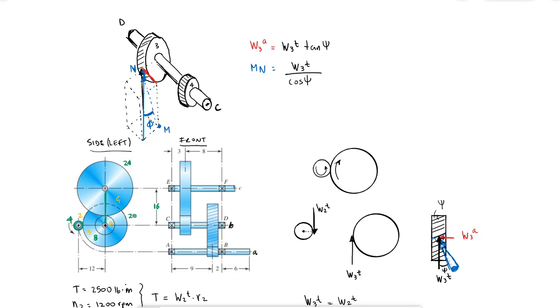Okay, because the dashed blue line is the hypotenuse, and then W3T is the adjacent. Okay, I'm going to draw this just once and I'm going to delete it in just a second. Tangential and hypotenuse, and the angle that is formed between those two is psi. Okay.